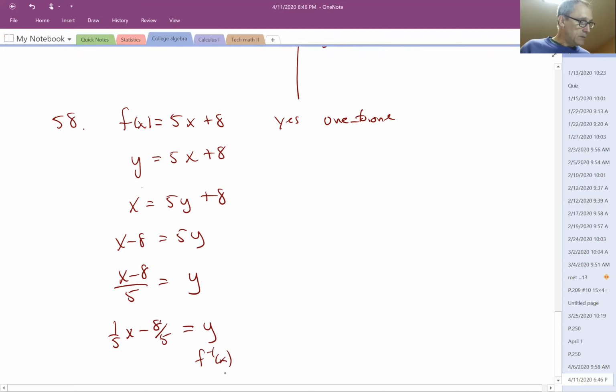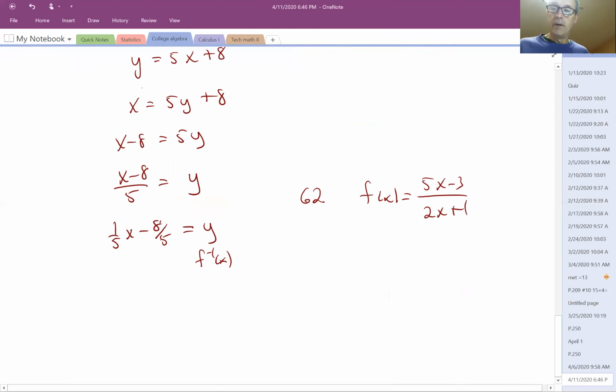Okay. Let's try another one. How about number 62? Get your graphing calculator out. Graph it. It does pass. I'm telling you right now, yes. It is 1-to-1. Put it on your graphing calculator. You guys can do that. Here, I'll do a quick graph for you.